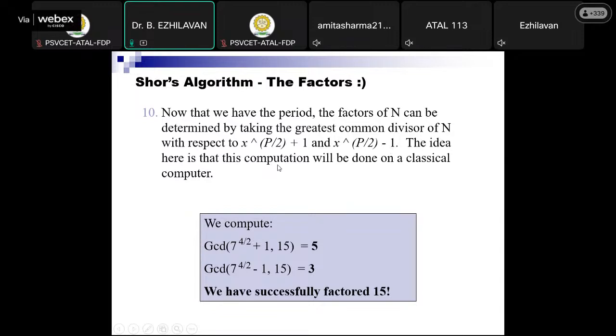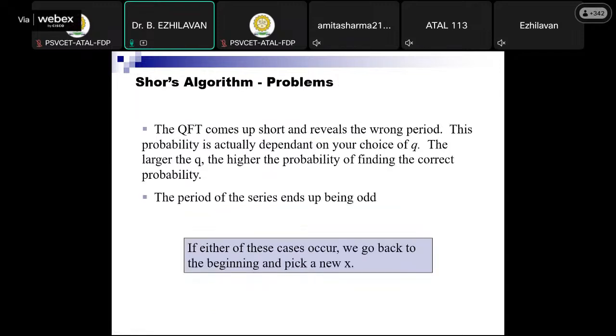The idea here is that this computation will be done on a classical computer. See here, 15: GCD of 7 power 4 by 2 plus 1 and 7 power 4 by 2 minus 1. We are getting 5 and 3. Successfully, it will be 15.